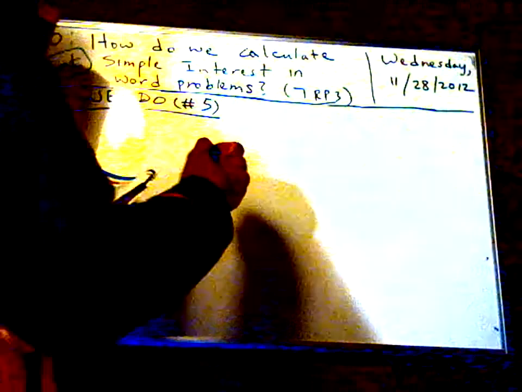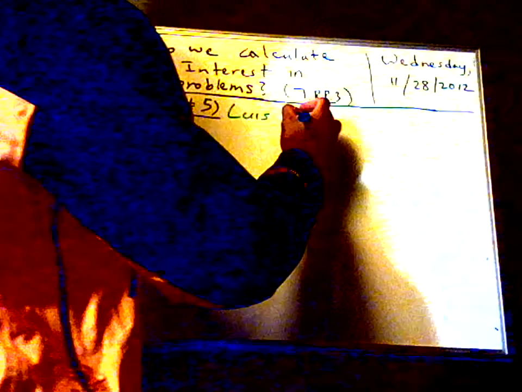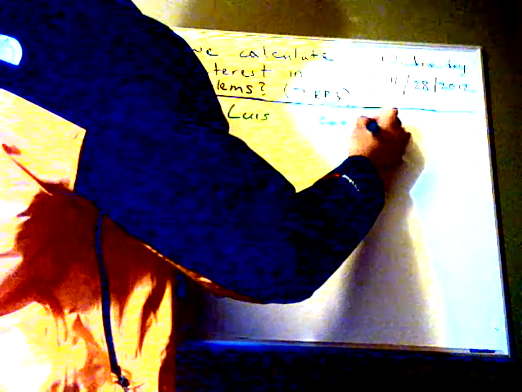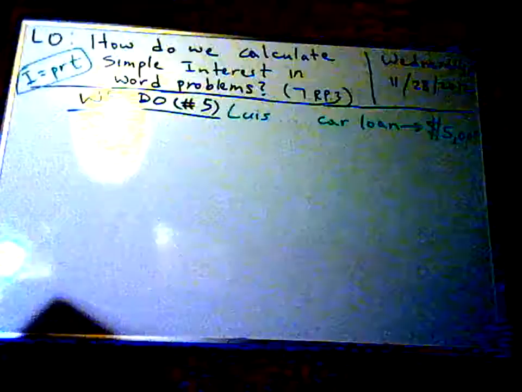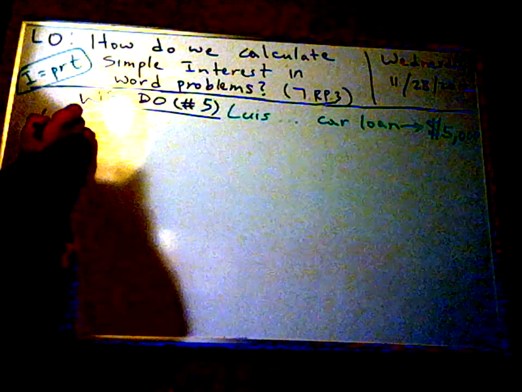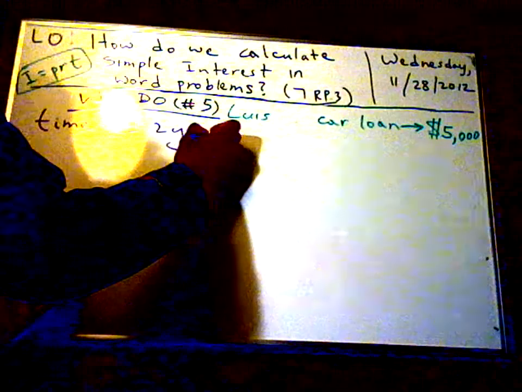Okay, so we are told that Lewis takes out a car loan for $5,000. The time that he plans to pay it off is 2 years.